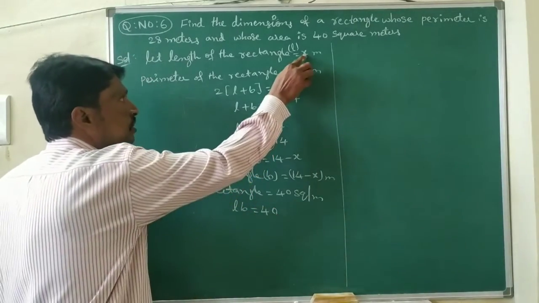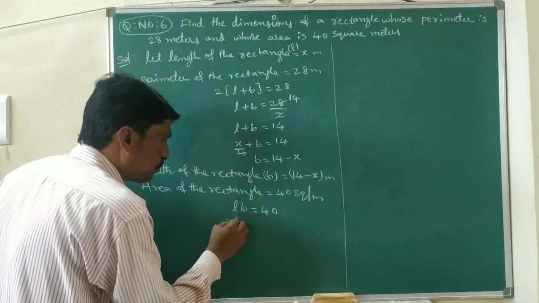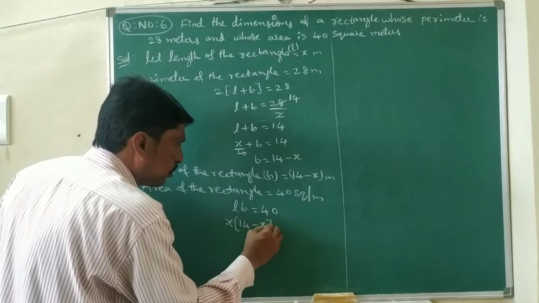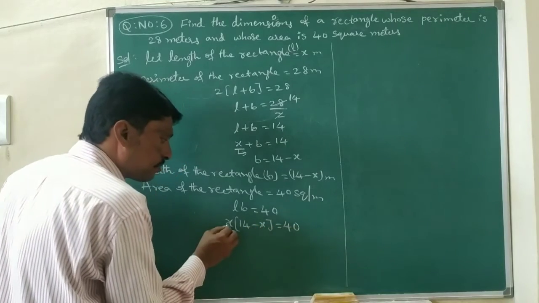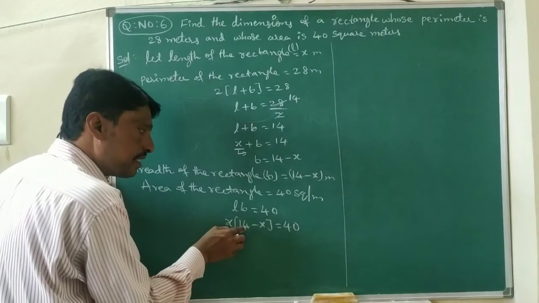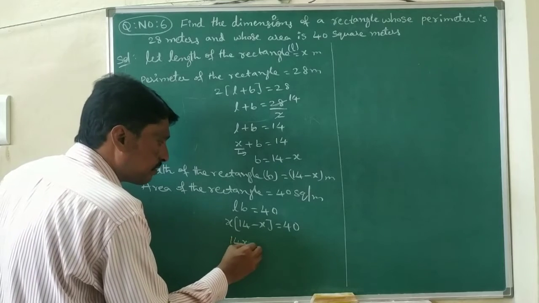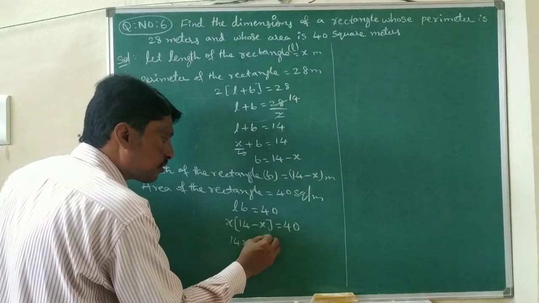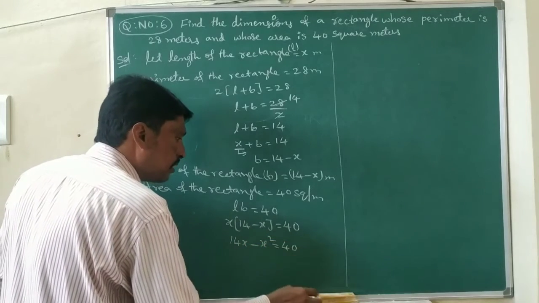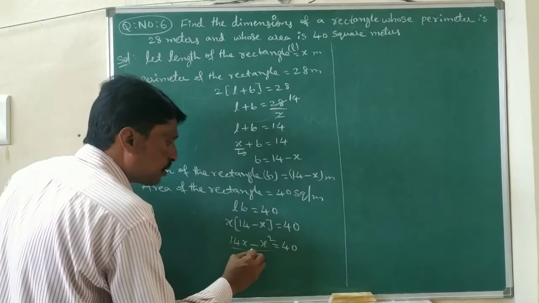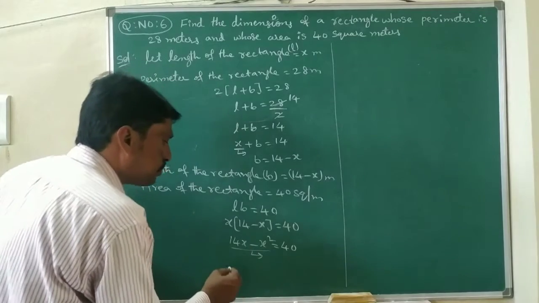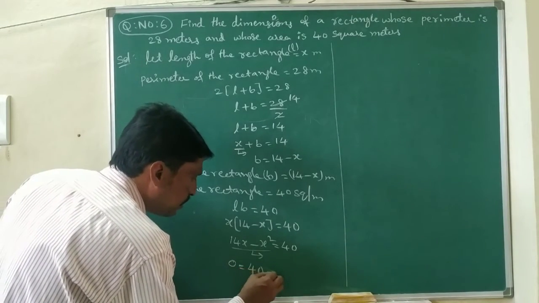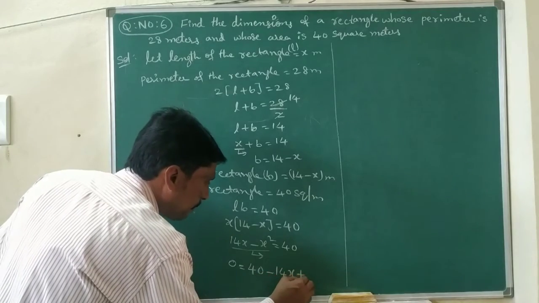Length we took as x, and breadth we got 14 minus x, equals 40. Now multiply x into 14, 14x, plus into minus, x into x, x square, equals 40. Now this total terms I am transposing to the right, so we get 0 equals 40 minus 14x plus x square.